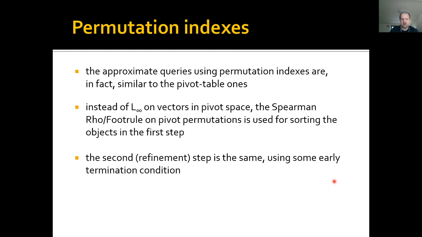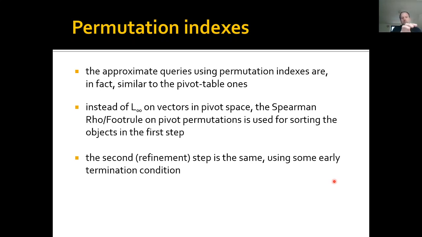Okay, and for the end, I have also some experiments to see how effective it is. Just to summarize, it's basically what I said. This is one more step beyond the pivot tables. Instead of Lmax on vectors, I have Spearman rho or footrule on pivot permutation.